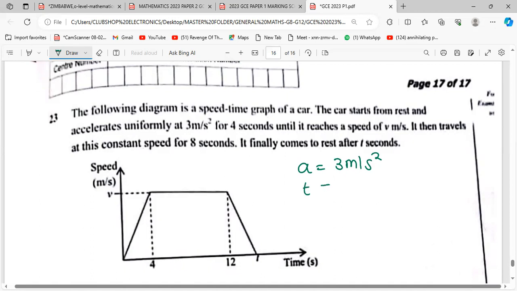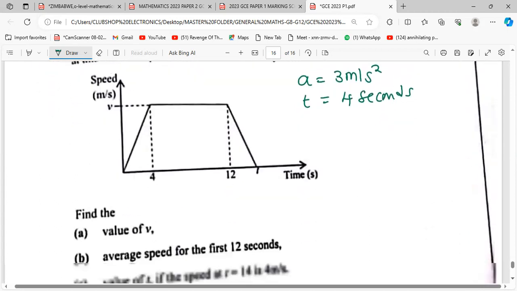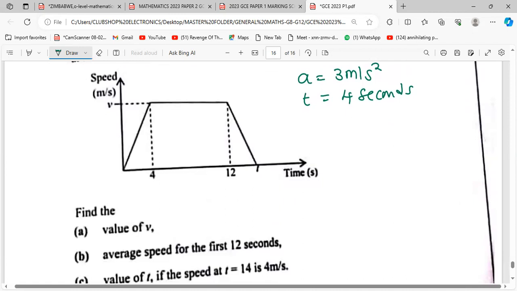The time taken is 4 seconds until it reaches a speed of v meters per second. Then it travels at this constant speed for 8 seconds. It finally comes to rest after 10 seconds. Find the value of v.